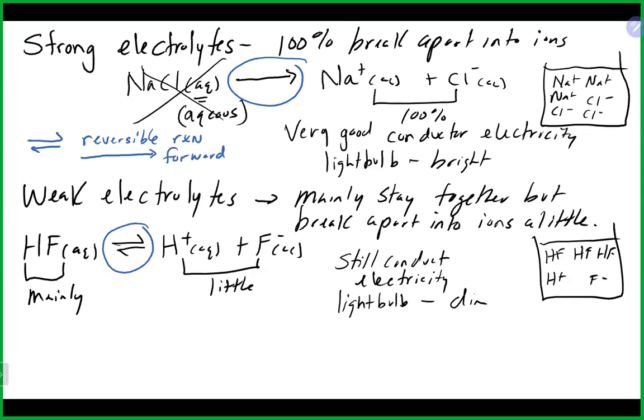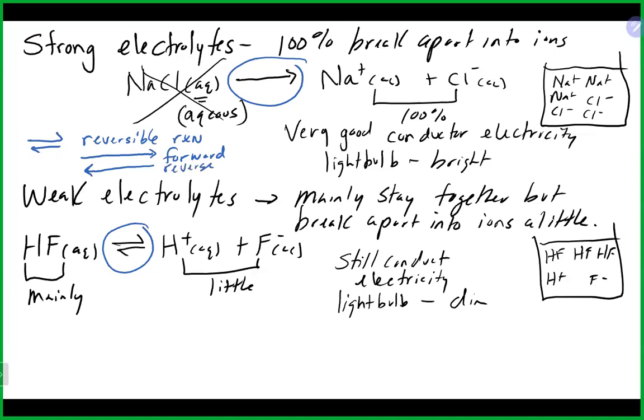But what is different in this type of reaction is that as you start to make some products, those products on the other side of the arrow will decide they want to come back together and go back the other way. So as you build up some products, the reverse reaction will happen. Those products go back the other way, and that is known as the reverse direction of that reaction.